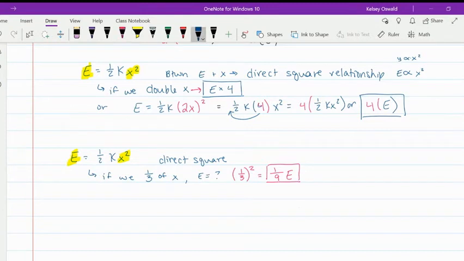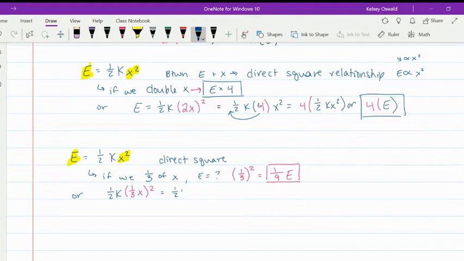If we think about this the other way, we can plug in that multiplier into our expression. So we have 1/2 k, and now we have 1/3 of our original x. Okay. Remember, make sure you square that 1/3 as well as the x, because that 1/3 is attached to our x variable.